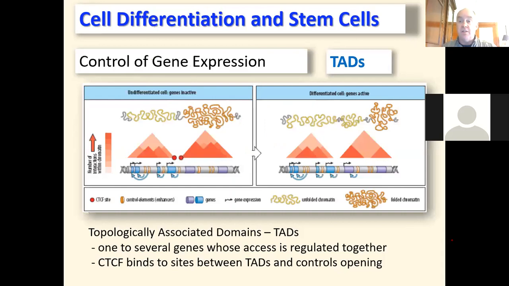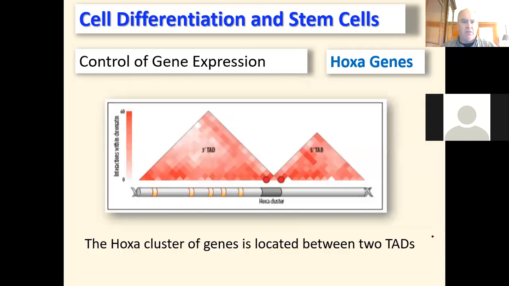Okay, and then this is the example. Basically, genes that are regulated together tend to be all stuck into one region that is regulated together in terms of collapsing and condensing. And the example of that we talked about is the HOXA cluster, and the HOXA1 control region is somewhere between two different GADs.